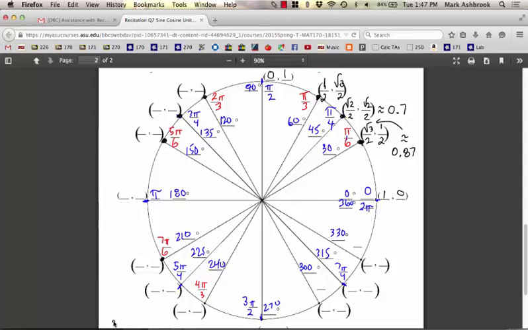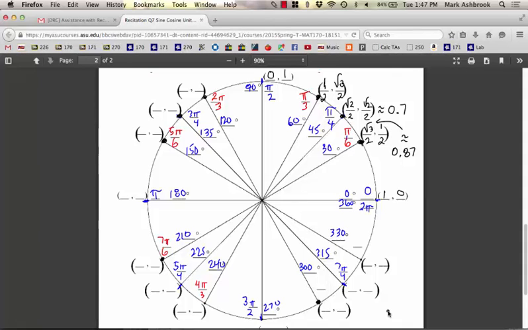What's the reference angle for 300 degrees? The reference angle will also always be the quadrant 1 angle that has the same magnitude of its coordinates. So the reference angle for 300 degrees is? Yeah, pi over 3, or 60 degrees.